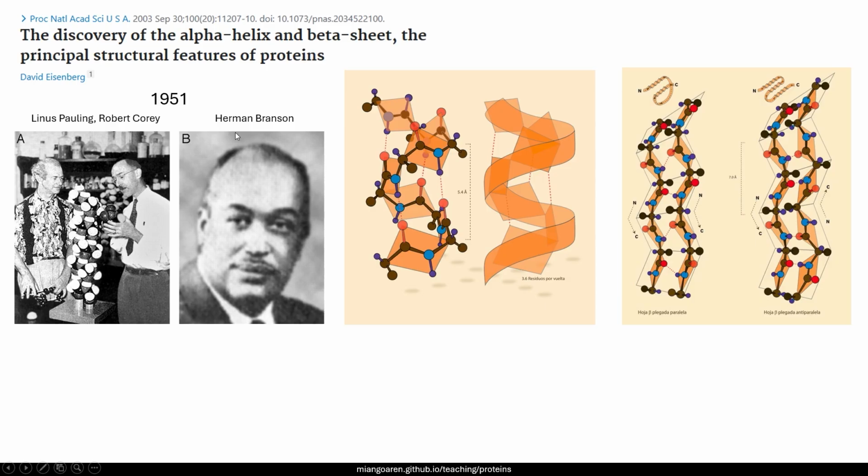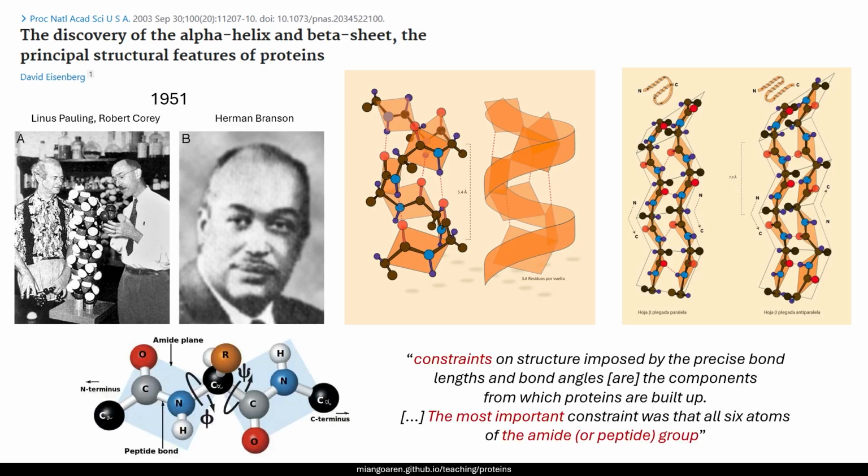That is, even a few years before the characterization of the three-dimensional structure of DNA, they explored all the atomic interactions present between these residues, and saw that they adopt this configuration similar to a helix, or similar to these beta sheets, as if they were a sheet in space, folded.